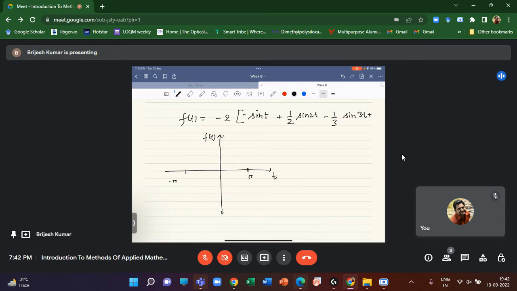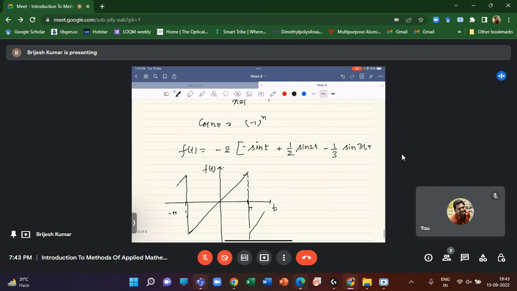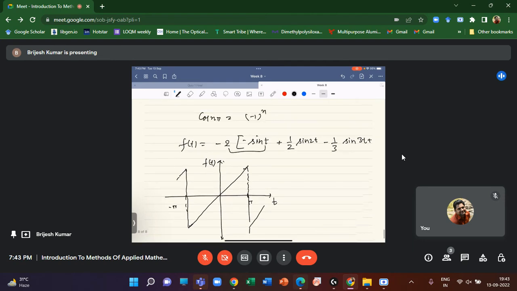Initially it was looking like that, in one period. If we say minus pi to pi, the first term comes 2 sin t.